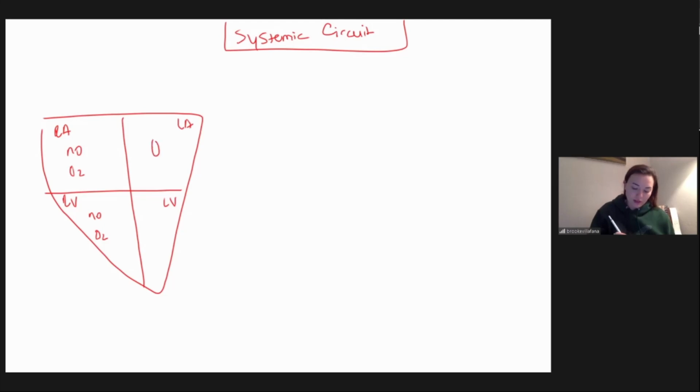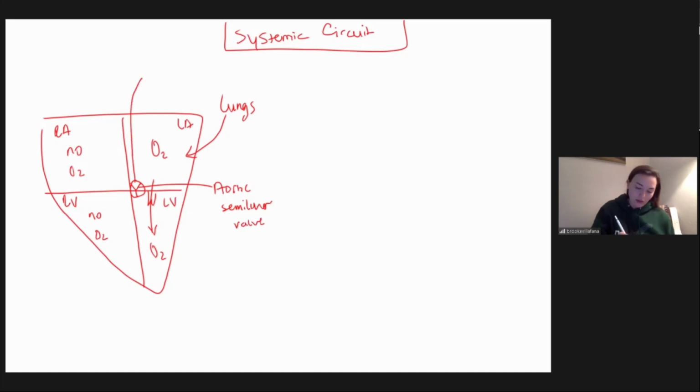So this is receiving blood from the lungs, right? Has that oxygen, going to go through that bicuspid valve into the left ventricle with oxygen. It's going to leave out the aortic semilunar valve into the aorta.